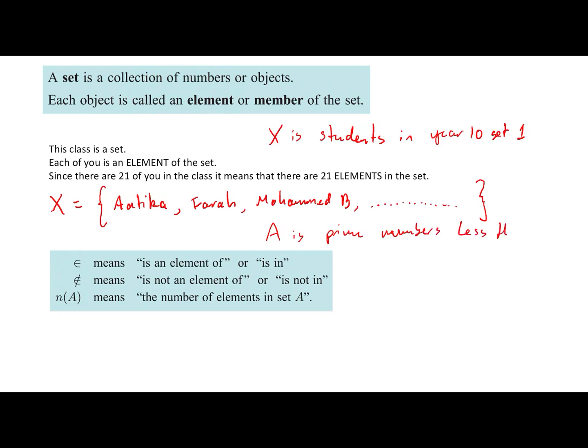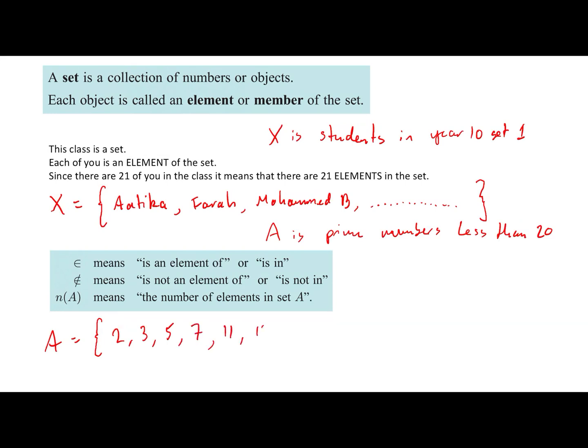I might get a set where I'm going to say A is prime numbers less than 20. Prime numbers less than 20. So I can write all of those out.